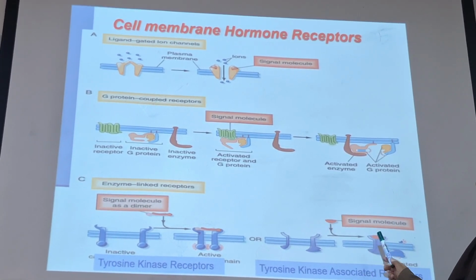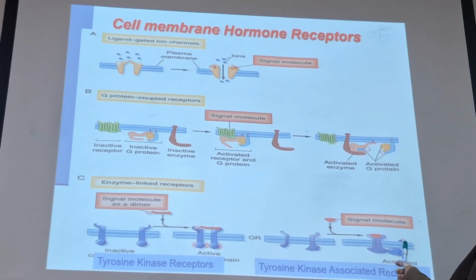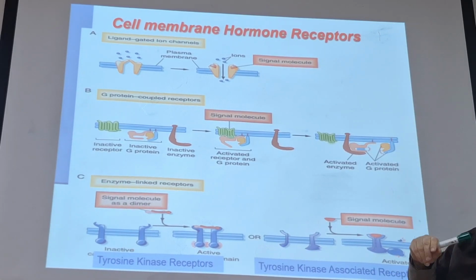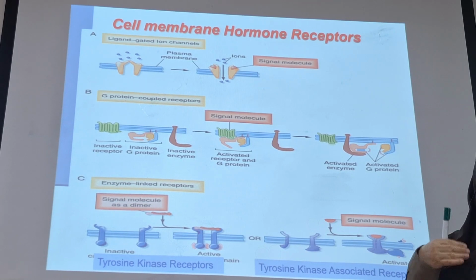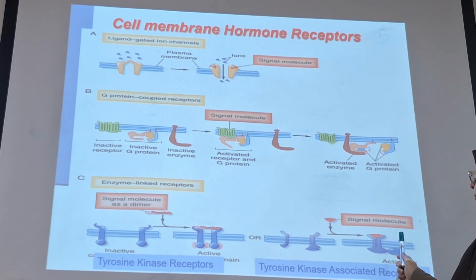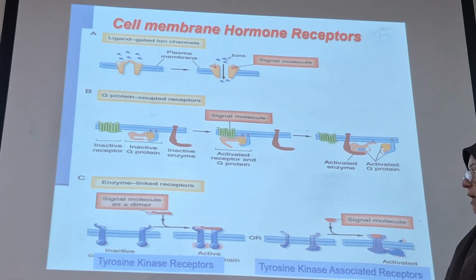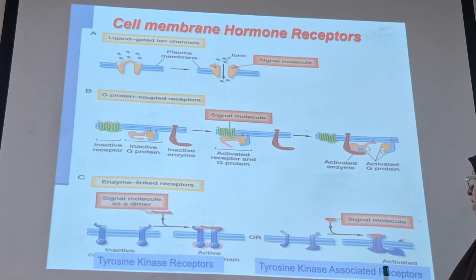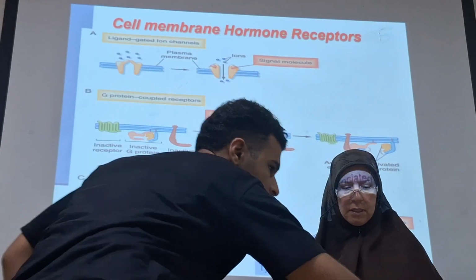When GH binds to its receptor, an accessory protein with tyrosine kinase activity binds inside the receptor, and we name these tyrosine kinase associated receptors. So we have two enzyme receptors.